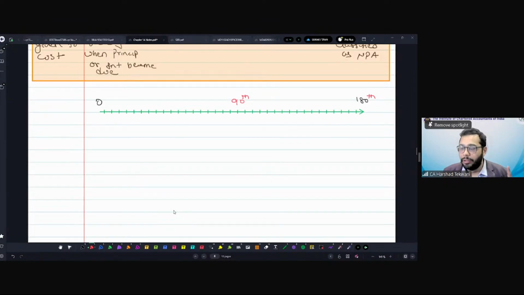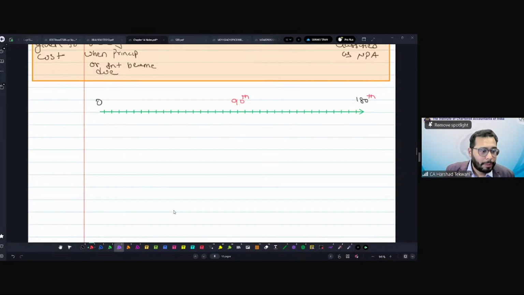No, don't do that. Because, for example, if some assets are at 150, 120, or more than 90 but not at 180, a day before they were not NPA, and now everything is NPA. There are many implications once I classify an asset as an NPA. So what was proposed is that we will bring a glide path to gradually decrease to 90.